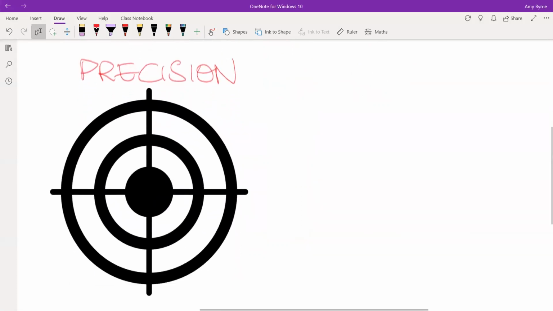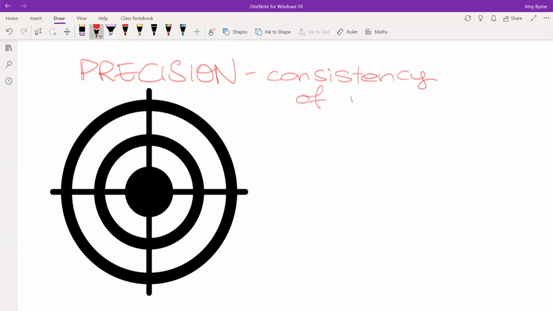Precision, on the other hand, is consistency. The consistency of the results, I should specify. So for example, a precise set of data might look more like that or like this.